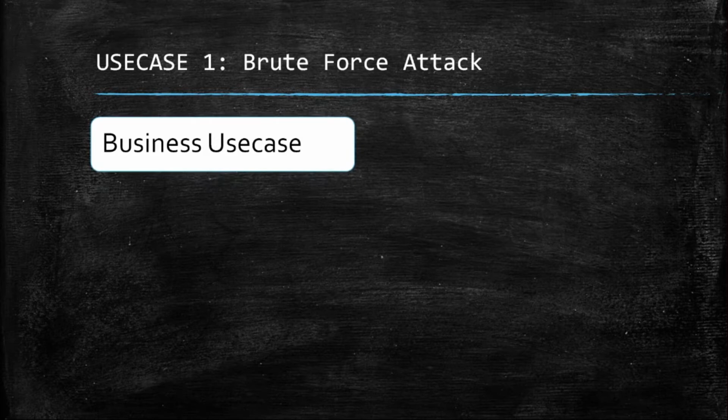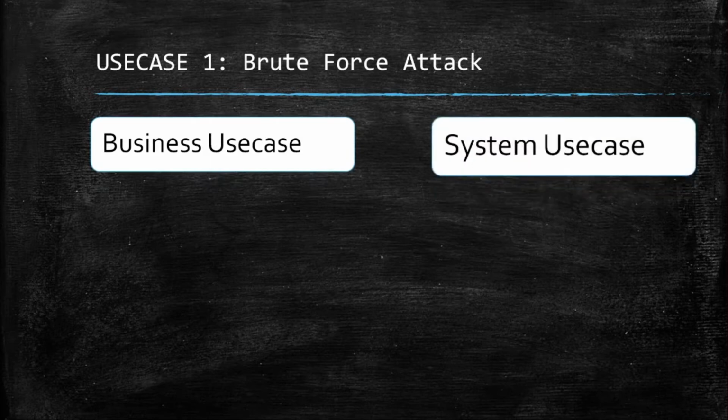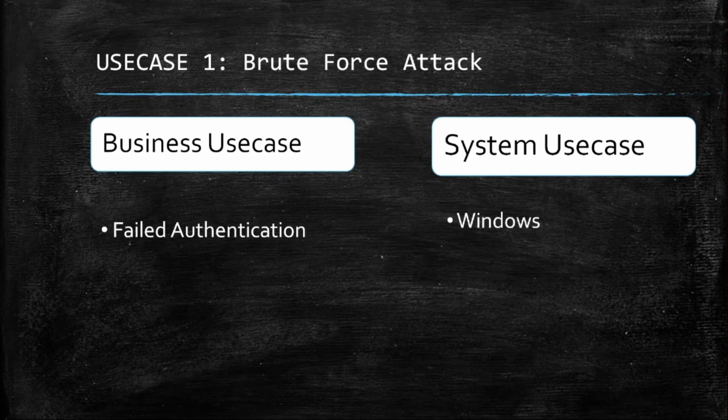But in a system use case, we will define the devices for which this rule will capture the events and trigger an alarm in case of any brute force attack. So we have defined failed authentication under the business use case, and in the system use case, we have Windows, which means the failed authentication rule will be used to monitor any unauthorized attempt against Windows servers or machines.